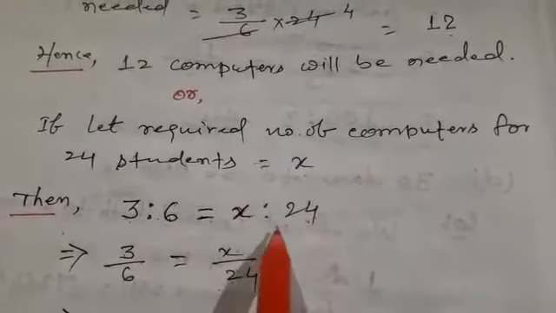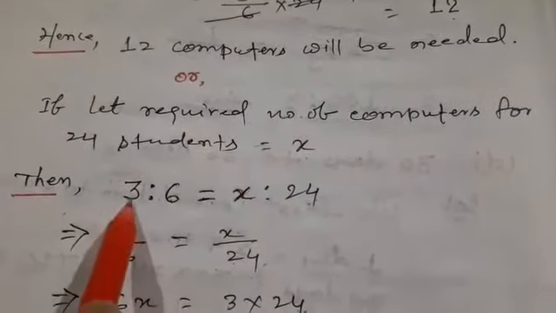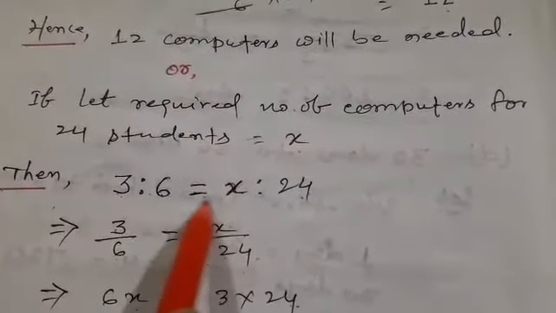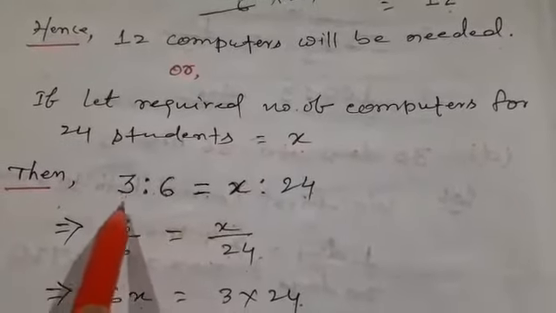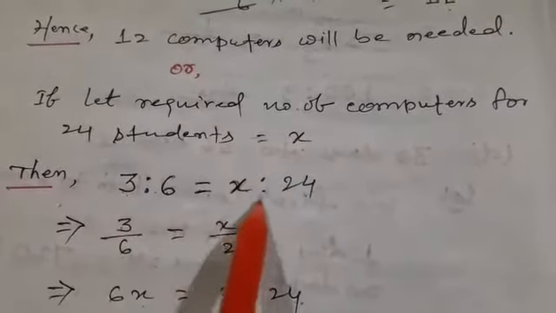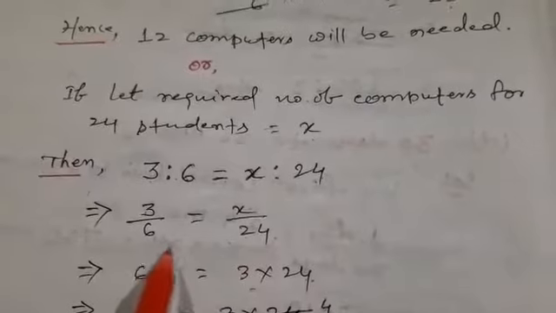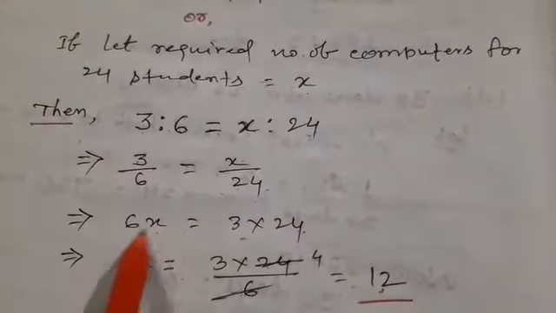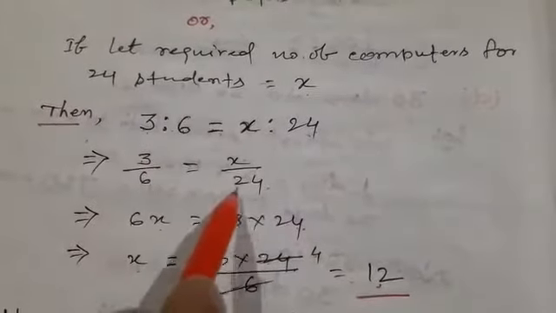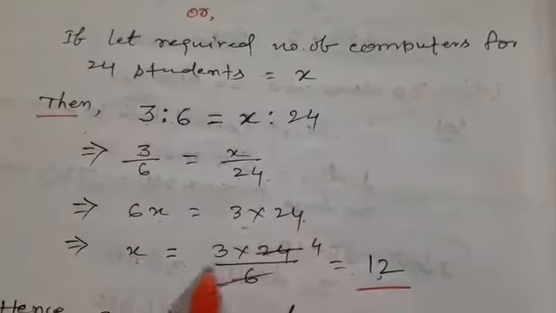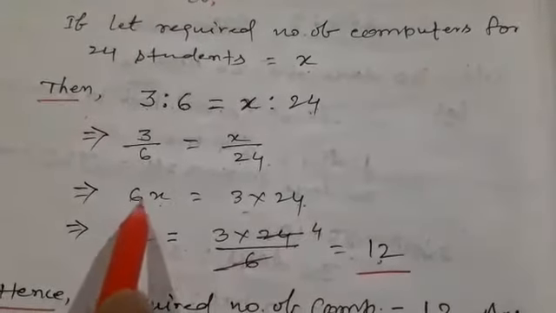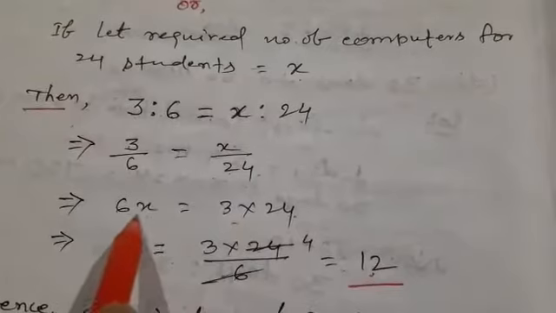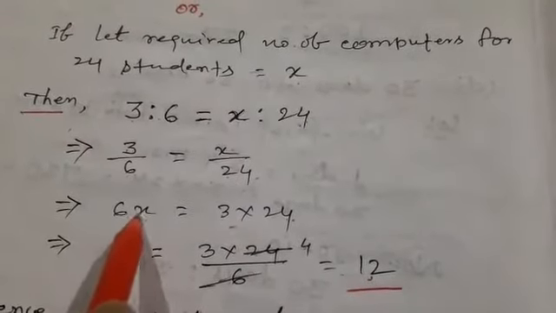It is in proportion form. Now 3 becomes the numerator and 6 becomes the denominator. We write both of them in fractional form. So we write 3 by 6 is equal to x by 24. Now we use cross multiplication. 6 multiplied by x, that is 6x, is equal to 3 multiplied by 24, or x is equal to 3 multiplied by 24 divided by 6, because 6 is in multiplication form here.